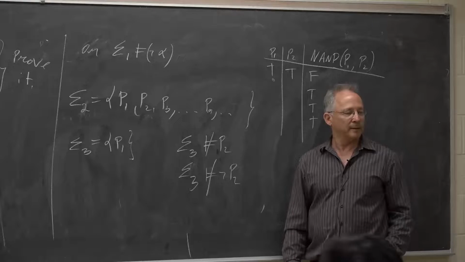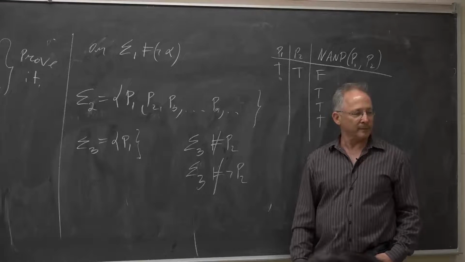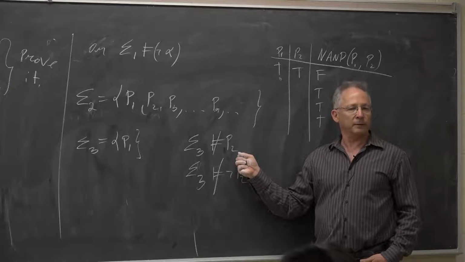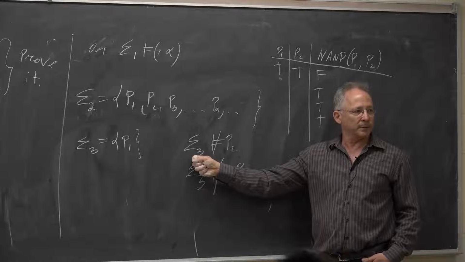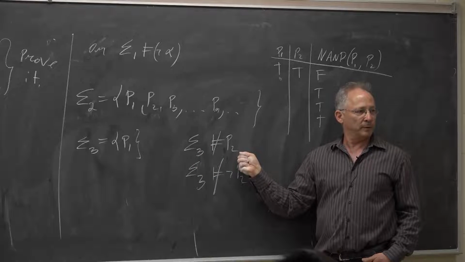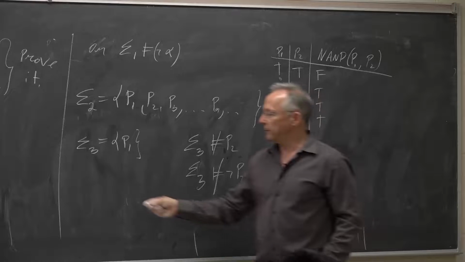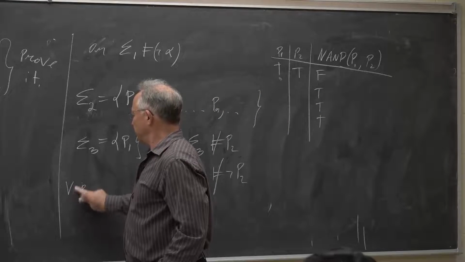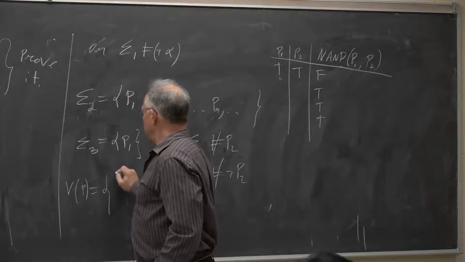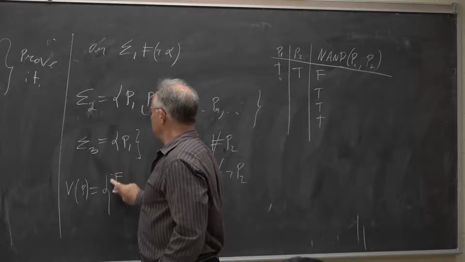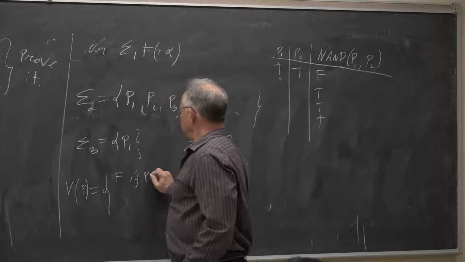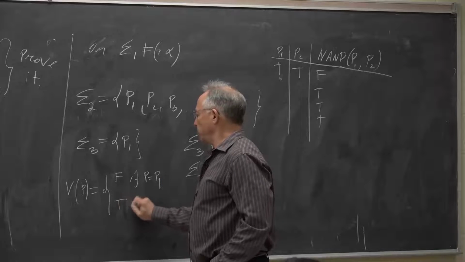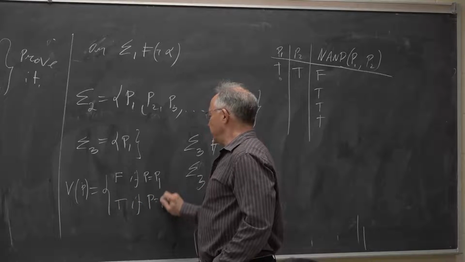Wait, can you explain why sigma 3 does not imply P2? Very good. Why does it not imply P2? Because I can find a truth assignment that will satisfy everybody in sigma 3, but will not satisfy P2. Take the truth assignment V of P equals false if P is P1 and true if P is P2.